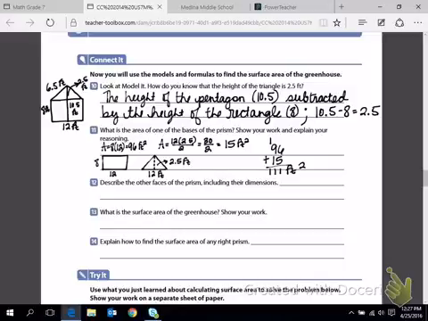For number 12, it says to describe the other faces of the prism, including their dimensions. So the other faces are going to be 4 rectangles that are left.